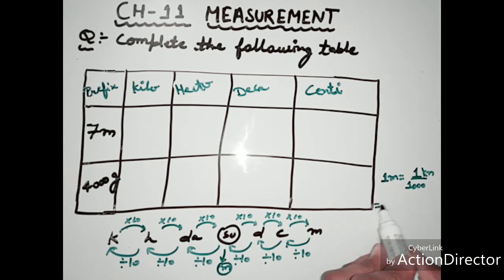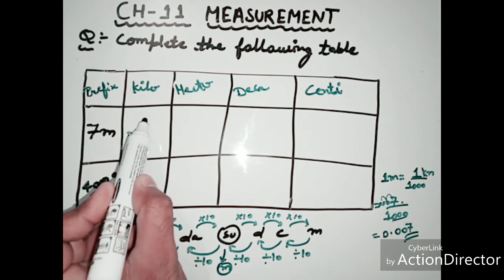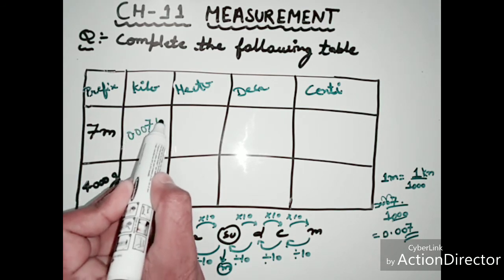So we divide 7 by 1000. So decimal place is here and it's moved to 3 places to left hand side. So we take zeros here and move this decimal 1, 2, 3. So we write 0.007. So here we write 0.007 kilometer.